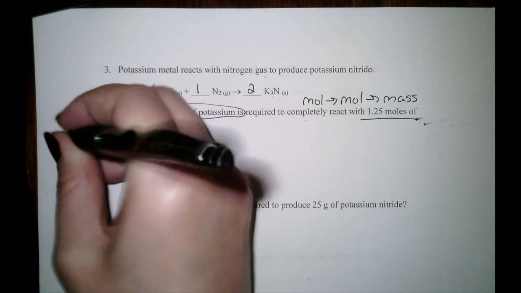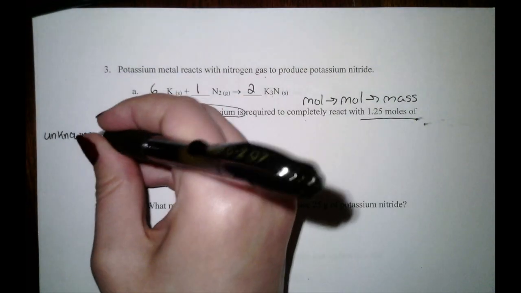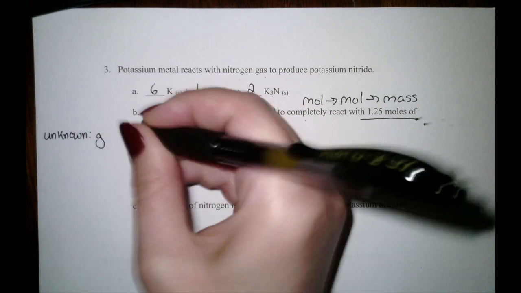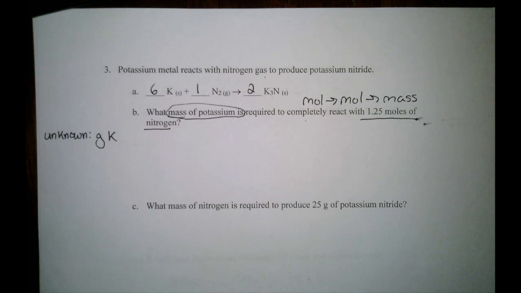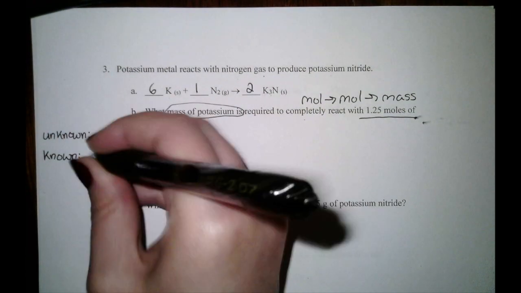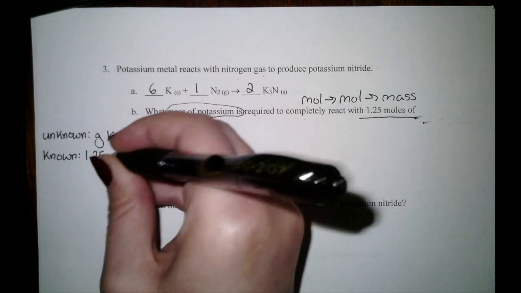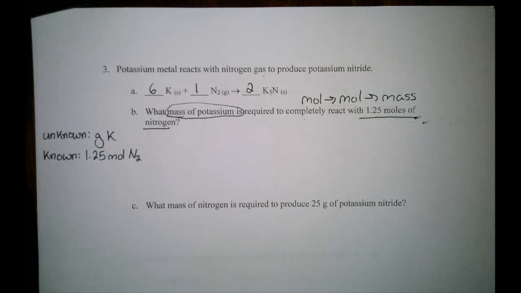Our unknown in this problem, what we want to find, is our mass in grams of potassium, and our known is 1.25 moles of nitrogen gas, N2 to be specific.